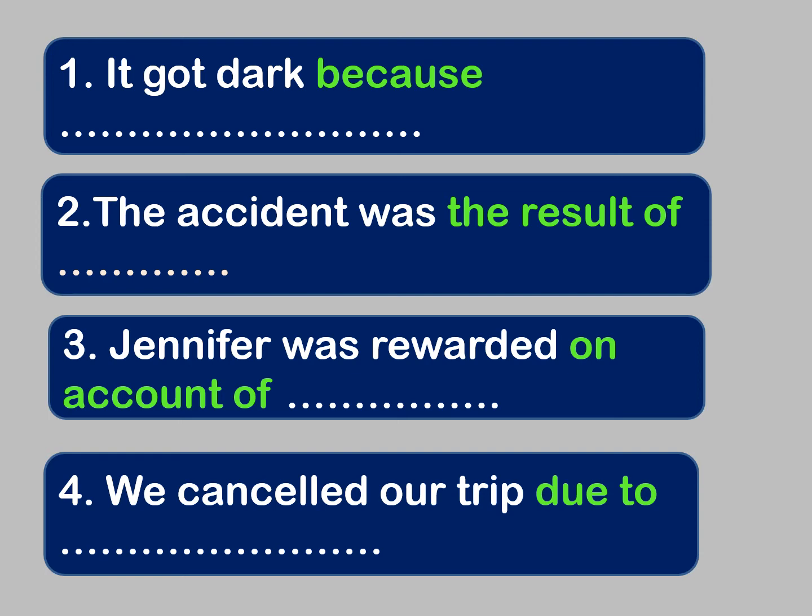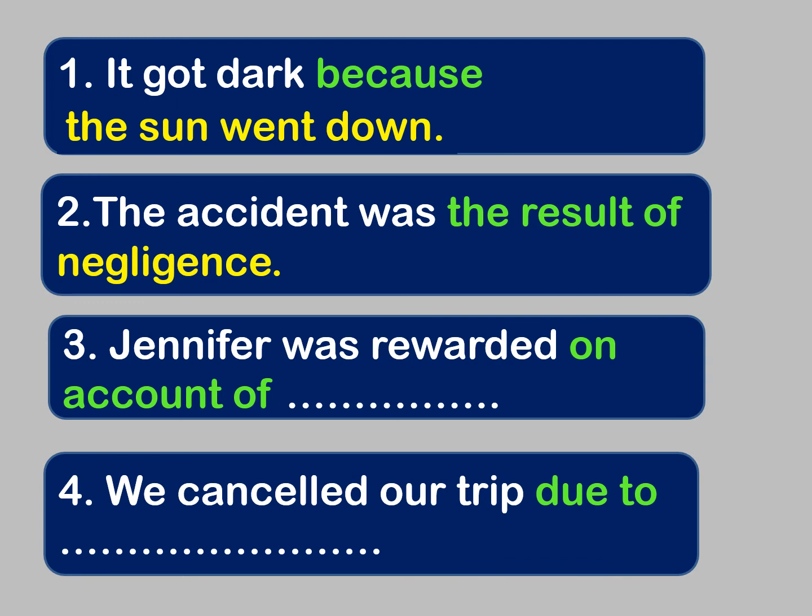So, why did it get dark? There are many reasons. For example, it got dark because the light went out, or because the sun went down. Number two, the accident was the result of many reasons. The accident was the result of, for example, bad driving, the state of roads, or just negligence.